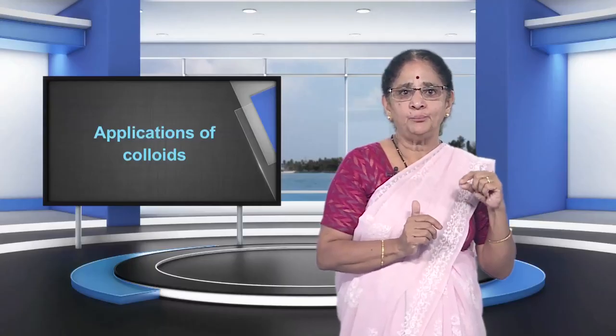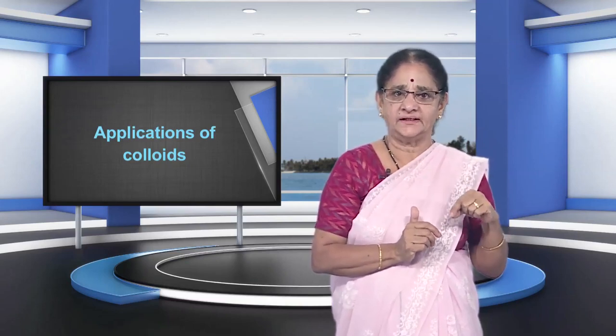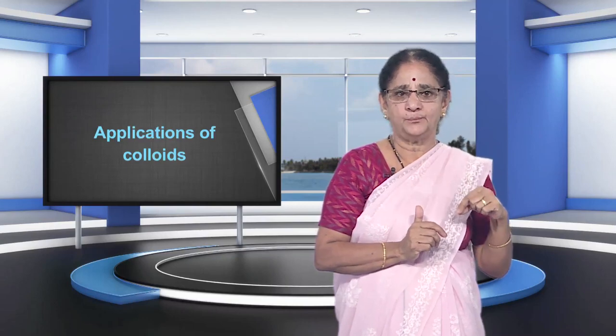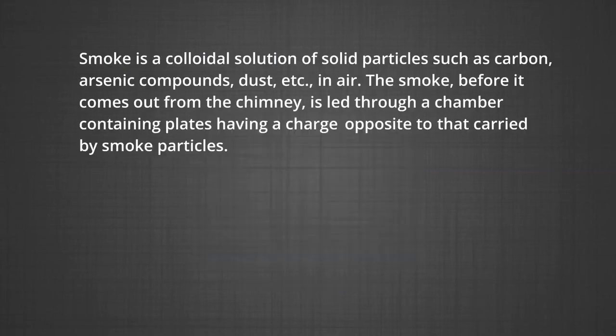Let us study the applications of colloids. Colloids are widely used in the industry. Following are some examples. Number 1, electrical precipitation of smoke. This is carried out using a precipitator known as Cottrell precipitator. Smoke is a colloidal solution of solid particles such as carbon, arsenic compounds, dust, etc. present in air.